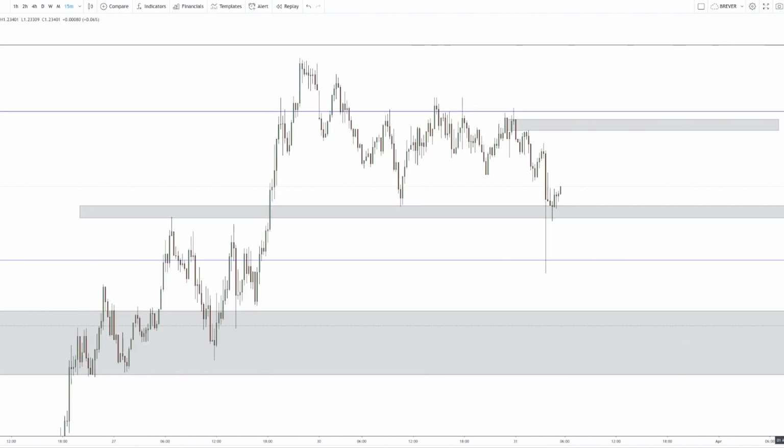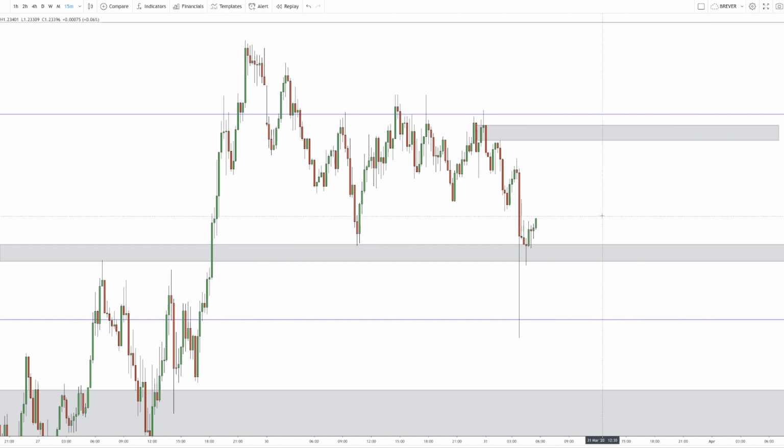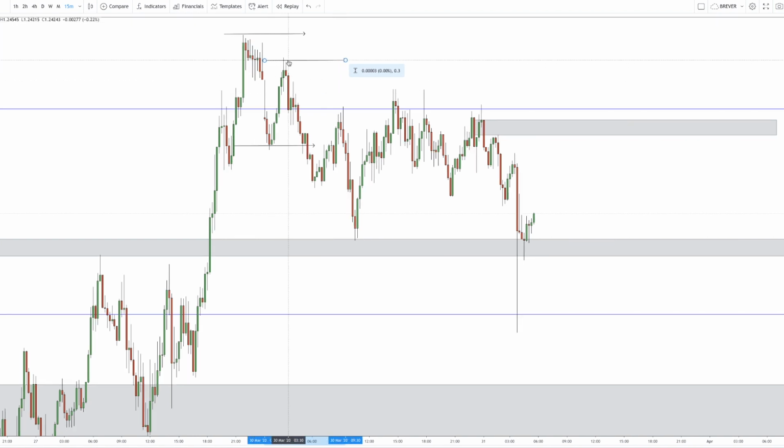In the 15 minutes, you can see what price is doing, forming these nice highs, nice lows. Then we came to form lows, then we came to form these same highs.